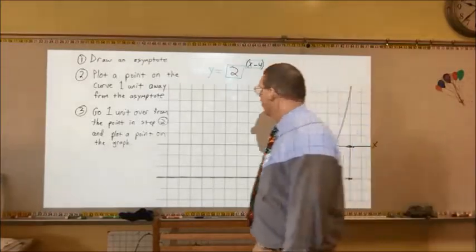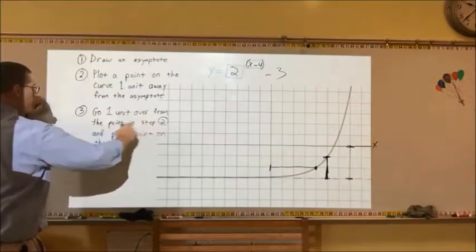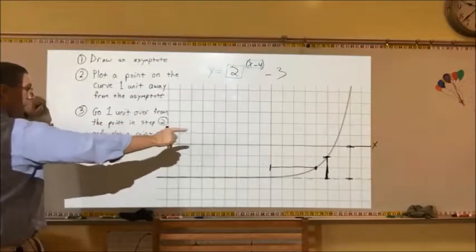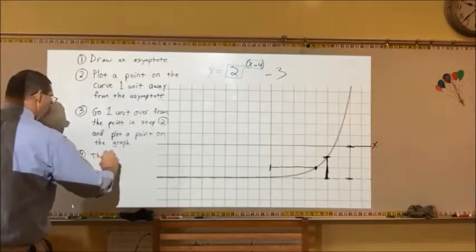Yeah, let's see. What did we do next? So 3, go 1 unit over from the point in step 2 and plot a point on the graph. Okay? Step 4, the base.